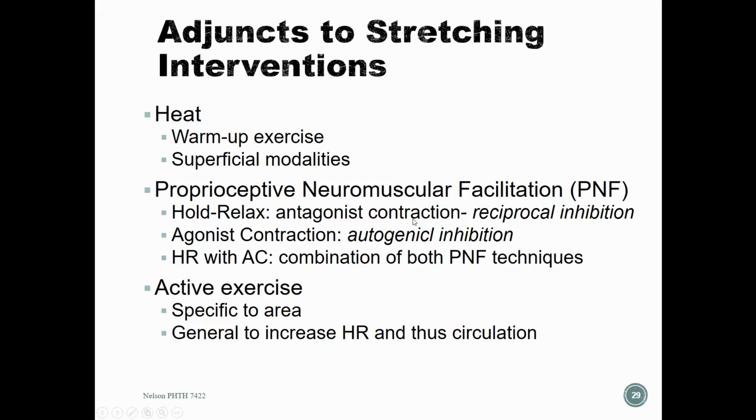So if I am stretching my hamstring, I'm going to activate my quadriceps to inhibit my hamstring, or my hip flexor to inhibit the hamstring that works at the hip. That's called reciprocal inhibition. And I can also do that by contracting the agonist, or that muscle that I'm interested in. So if I'm stretching the hamstrings, I'm going to activate the hamstrings and then relax the hamstrings to inhibit the hamstring.